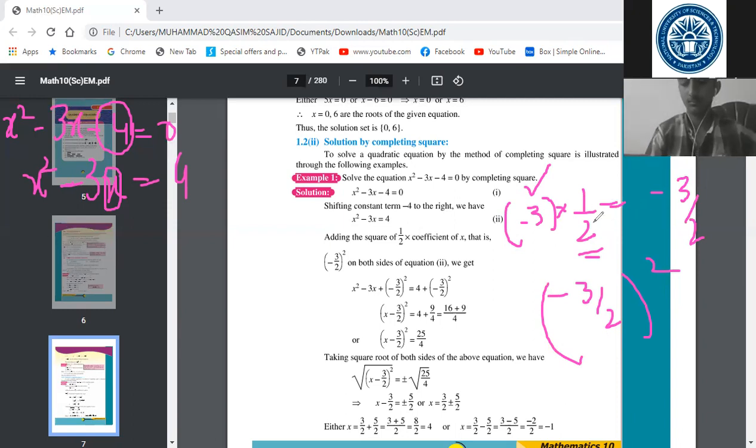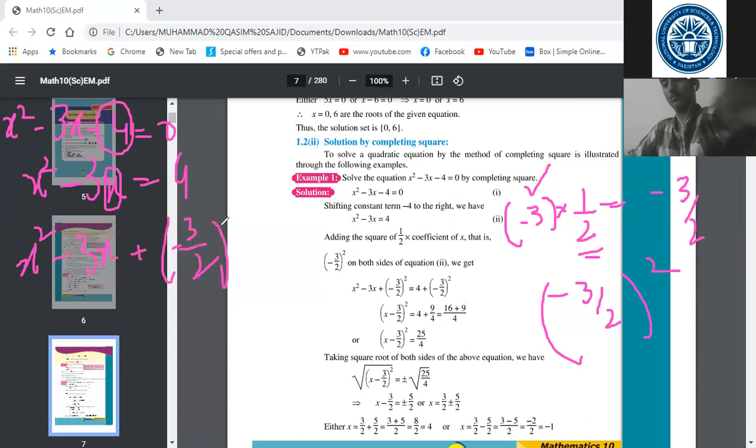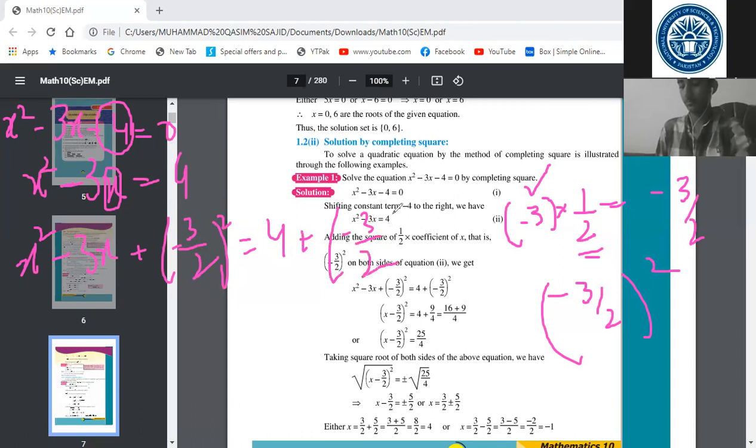Then you have to add this value on both sides. So it must be x square minus 3x plus minus 3 upon 2 whole square equals to 4 plus minus 3 upon 2 whole square.